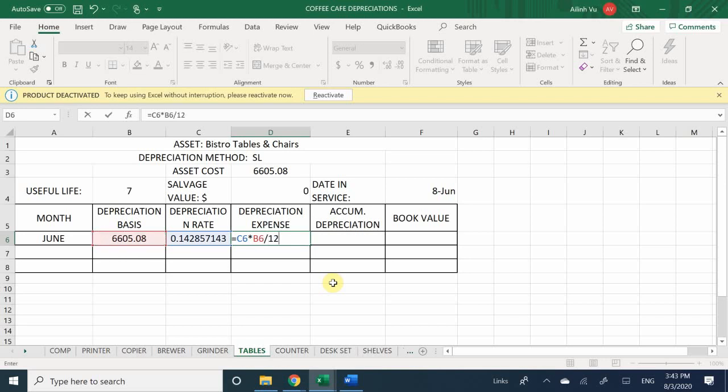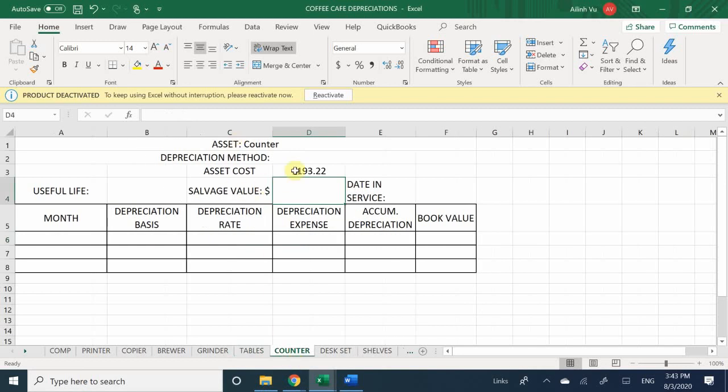Divide that by 12, and $78.60. It's $78.63. You rounded too short, but that's okay. $78.63. Good.